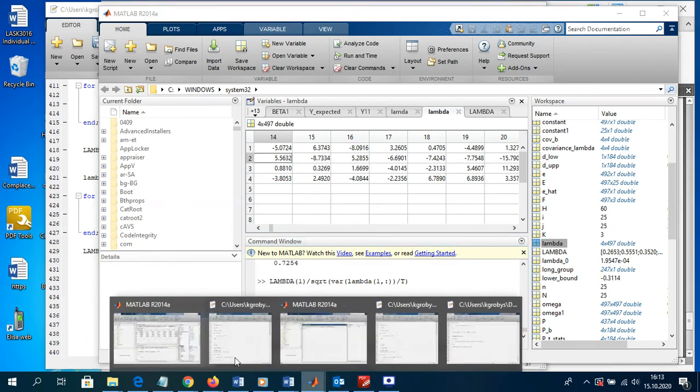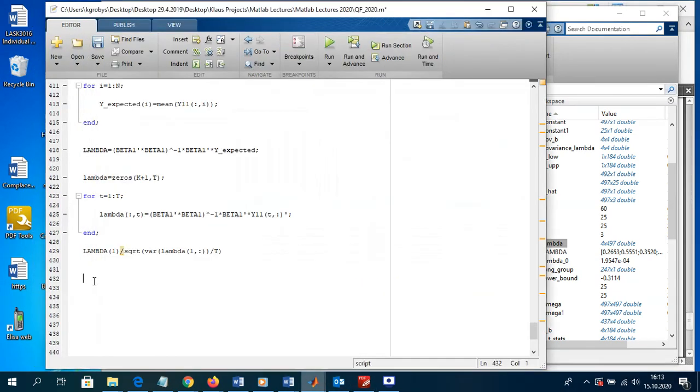If we now estimate whether the risk premium associated with the market factor is significant, the only thing that changes here is we have to take the second element in our lambda vector, and we have to divide it by the square root of the variance of the variation of the second row in our lambda matrix. So that's how the t-statistic is defined.